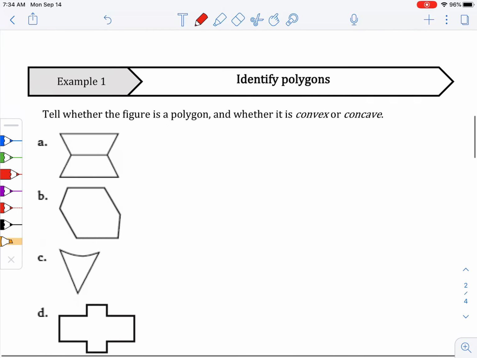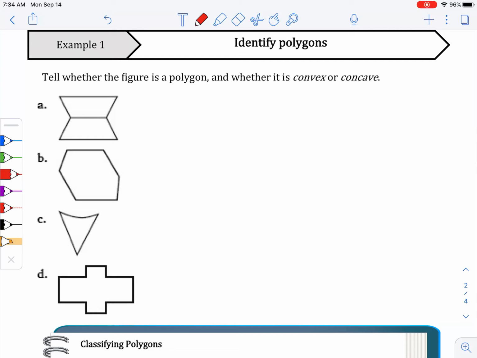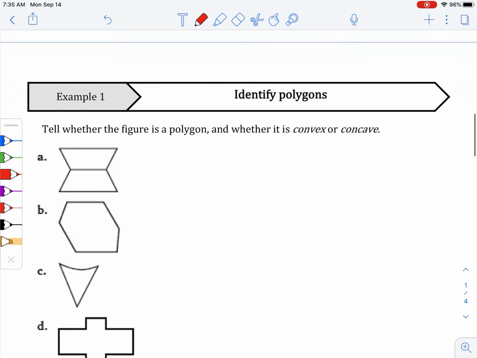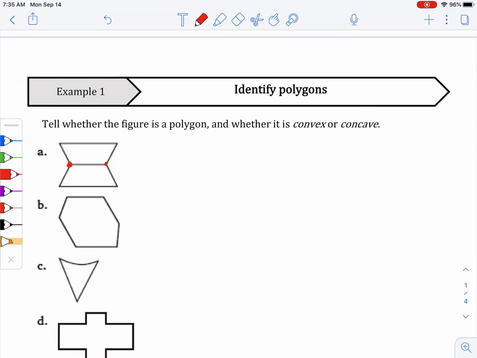So example 1 just wants us to tell whether each figure is a polygon and whether it's convex or concave if it is a polygon. So we kind of have those 3 checks that we want to go through, and this one is closed, and it does have at least 3 sides, but it has this overlapping side here, so we can see that these 2 vertices have more than 2 sides.